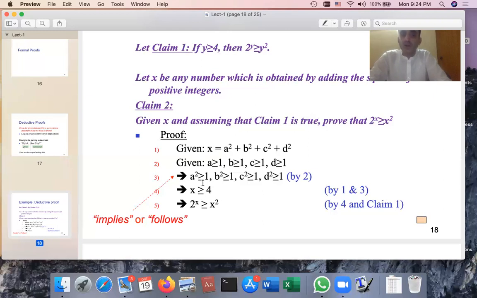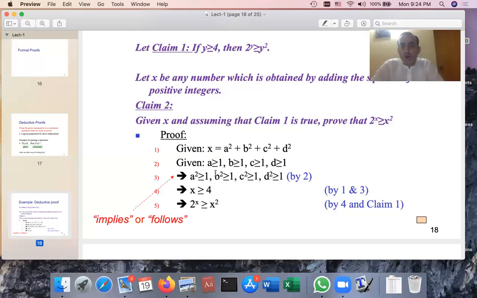So x is a number which is greater than or equal to 4, and you can also conclude this by using equations 1 and 3, because in 3 we have mentioned the minimum value, and in 1 we have mentioned the format for calculating the number x.